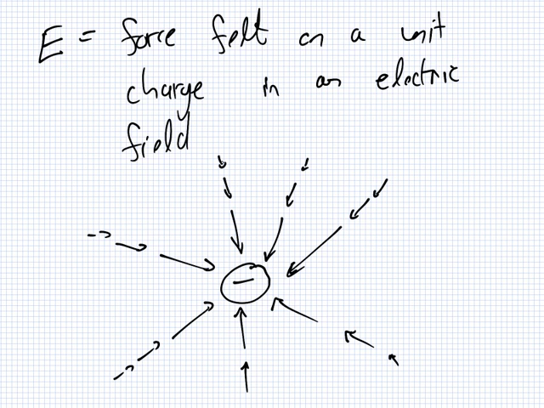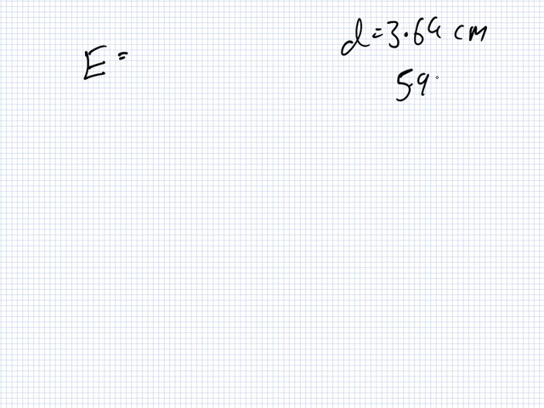Determine the electric field strength at point B, a distance of 3.64 centimeters from a negative point charge of 5.19 microcoulomb. Okay, so the formula for this one, if I remember it, is, yes, but that's if you know the voltage, which we don't.